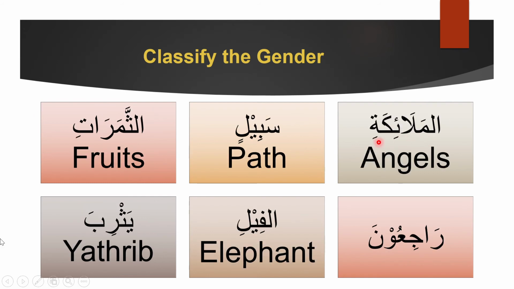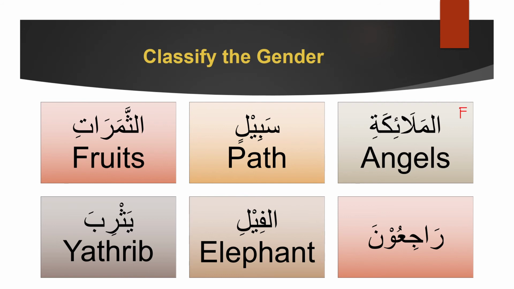Almalakati. Okay, now look here. People might just take this ta marbuta and think this word is feminine, but they'll be wrong. Almalakati is angels, which is a human broken plural. Human broken plural means this word has two options. It can either be the reality or it can be singular feminine. So singular feminine is an option, but it's not the option.